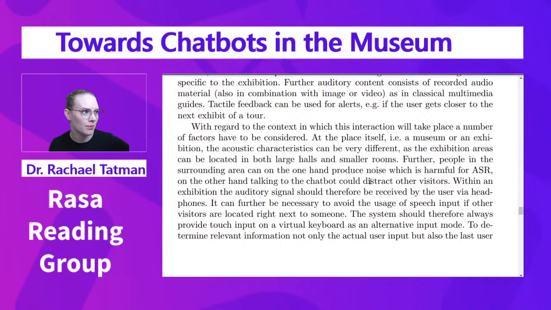If you're in a big, tiled exhibition hall where everything bounces 100 times before it gets to your ears, that's going to be a very different exhibition. The acoustics of that are going to be very different from where I am right now in a small room, or maybe a historical house.